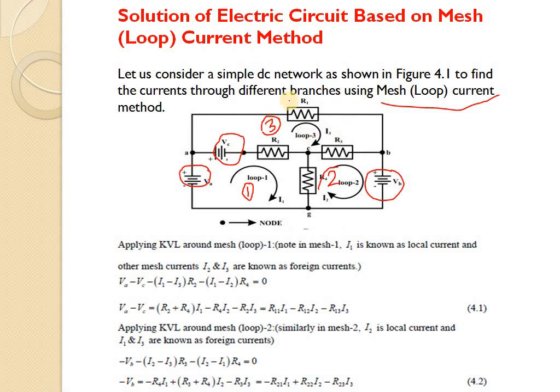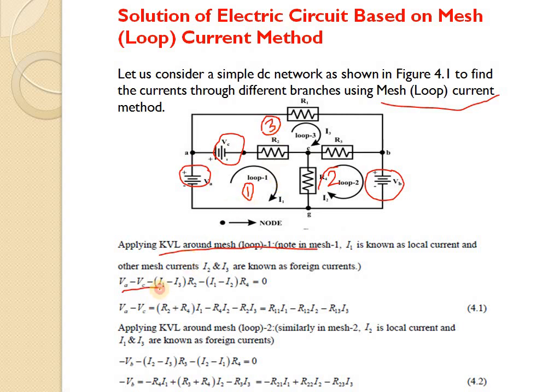Applying KVL in loop 1: Kirchhoff's voltage law means the summation of voltage drops and EMFs present in a closed loop equals 0. In loop 1 there are two voltage sources, VA in the positive direction and VC in the opposite direction. So the equation will be VA minus VC, then the voltage drop across R2, that is R2 into (I1 minus I3).